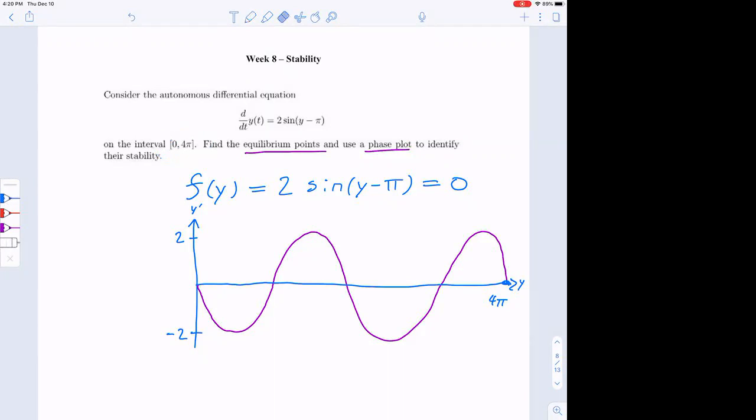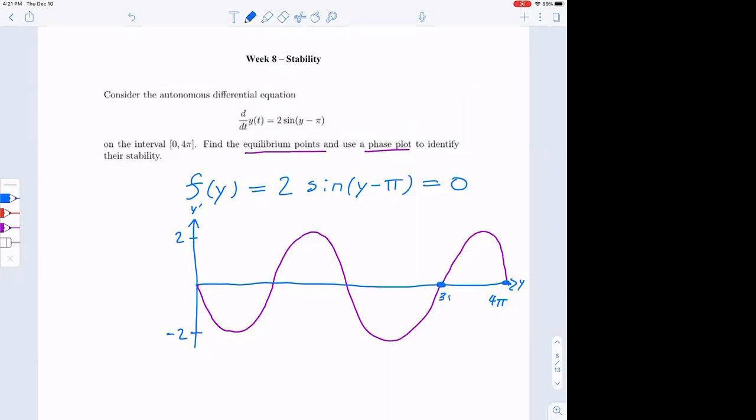And when we hit 4 pi, we return back to 0, because we have 4 pi minus pi giving us 3 pi in total. That would be one of the points where sine would be 0. Sine is 0 at every multiple of pi, and that's exactly what we're going to fill in here.